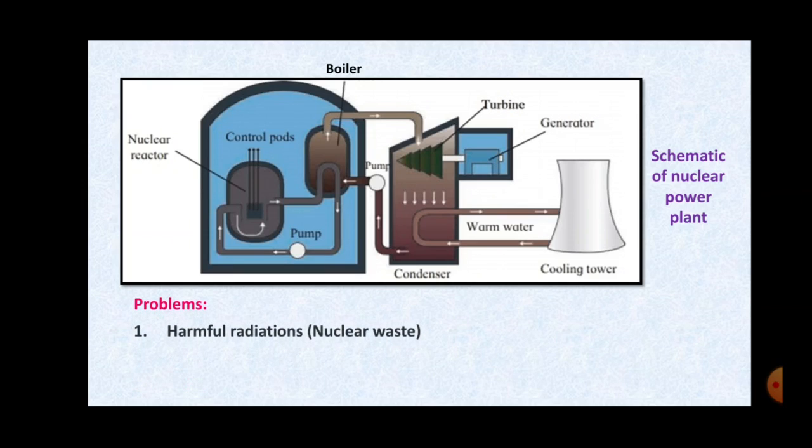Now, the very first problem is harmful radiations. As I said, uranium is a radioactive element, and students, if you remember, we had studied in the previous class that radioactive pollutants are the worst pollutants. Why? Remember? Because first, they remain in the atmosphere for a very long period of time, and second, they bring about changes in the genetic material.